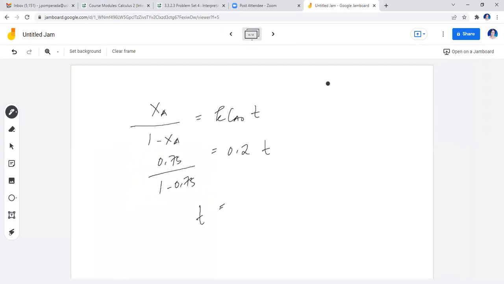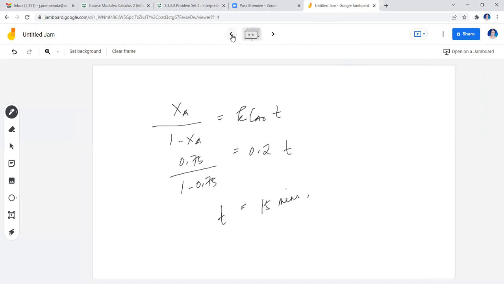So you have 0.75 divided by 0.25, divided by 0.2. So your answer is 15 minutes. 15 minutes for 75% of A to be converted.